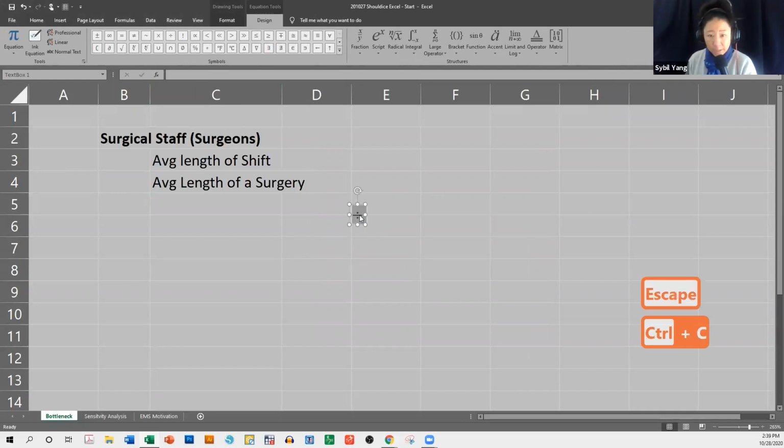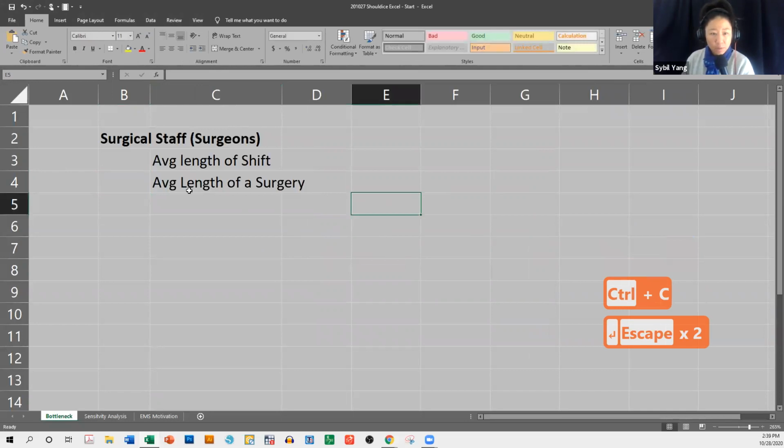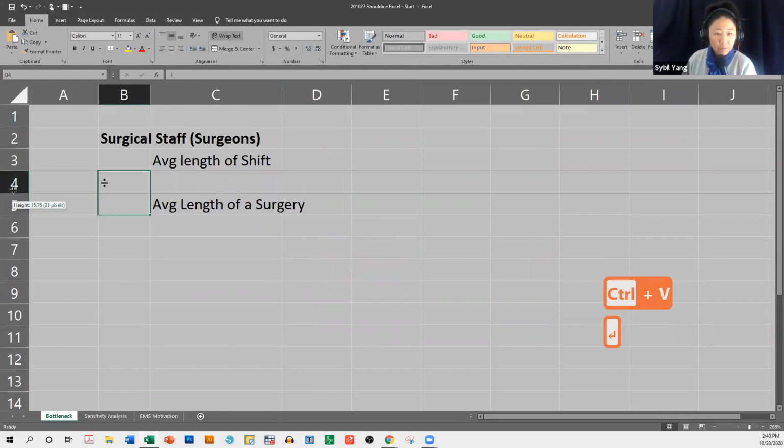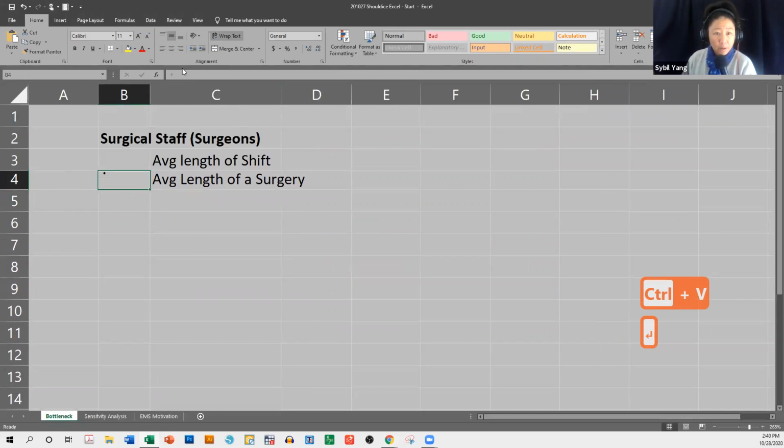I'll just copy that and paste it, Control V to paste. I know that's kind of ugly, but okay. Divided by the average length of a surgery.